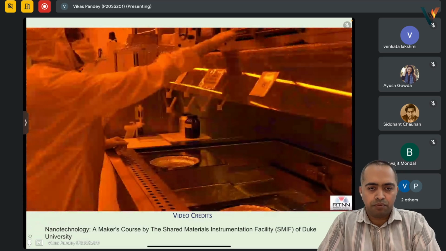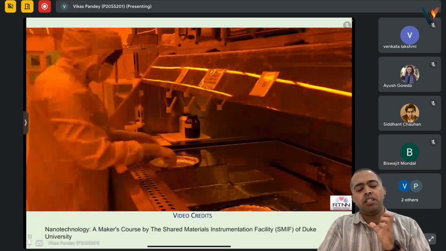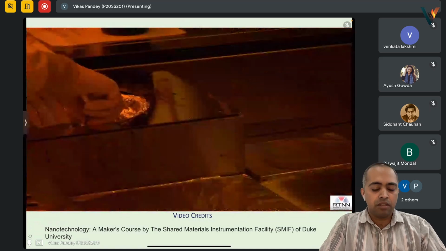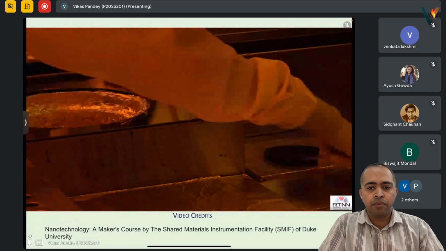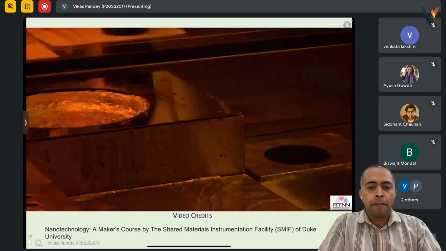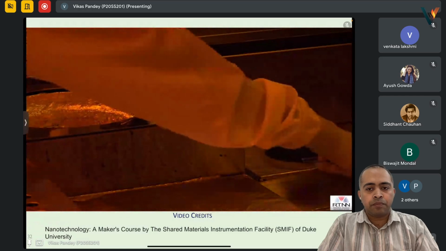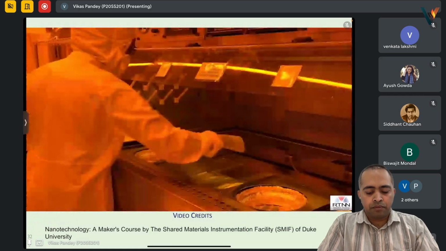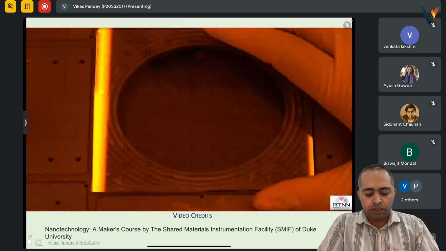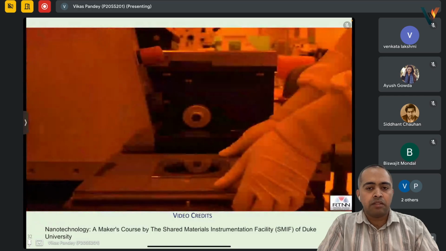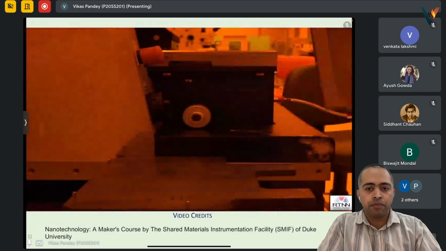Then to dry it, it is just baked for some time, heated at a specific temperature for some time so that it is dry. And then this is the mask that is fed into the system.